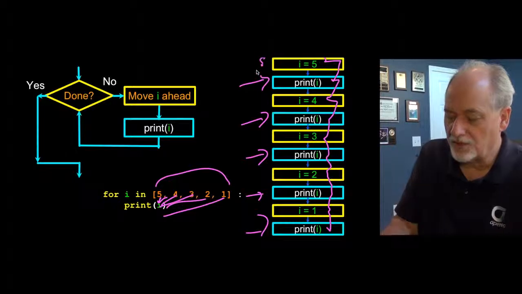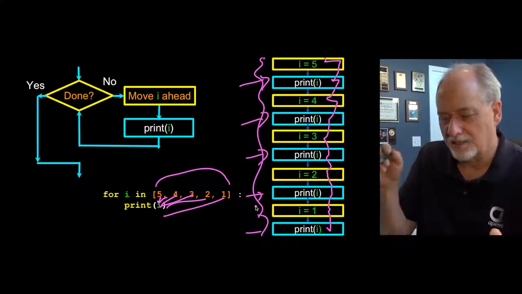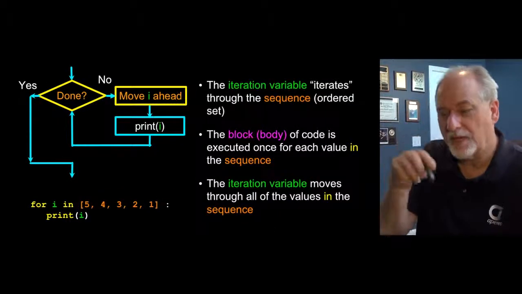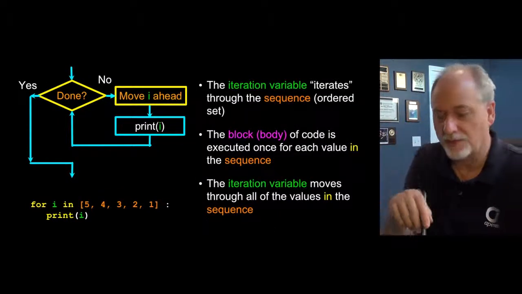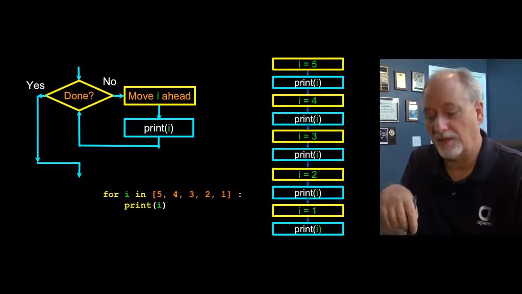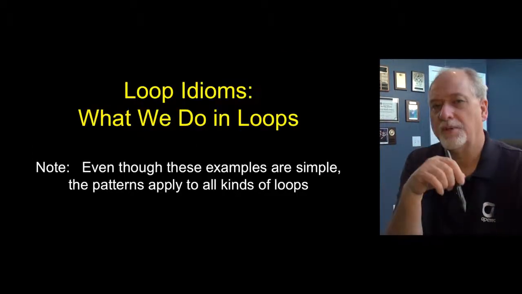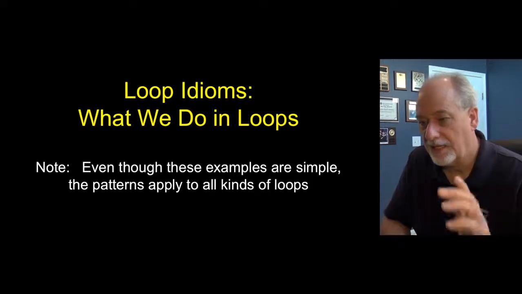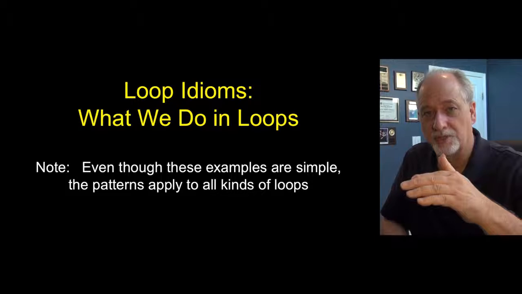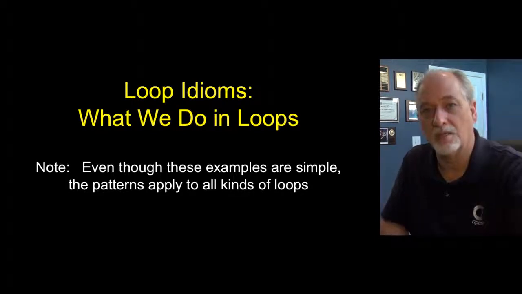This is one way to think about it, and this is how it really works, but it's also logically the contract that Python is making for us. Up next, we're going to talk about taking this notion of doing something to a lot of items and accomplishing something with that, and I call these loop idioms.